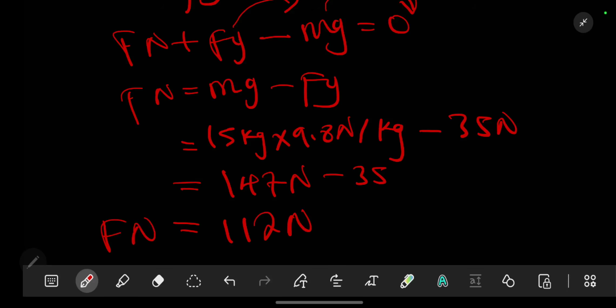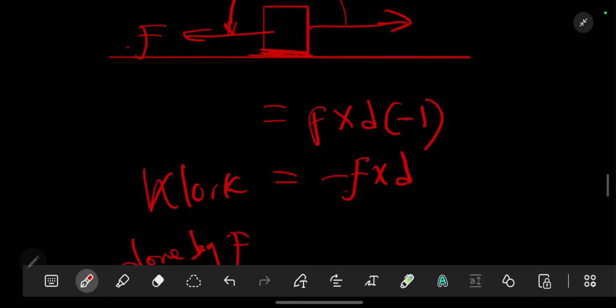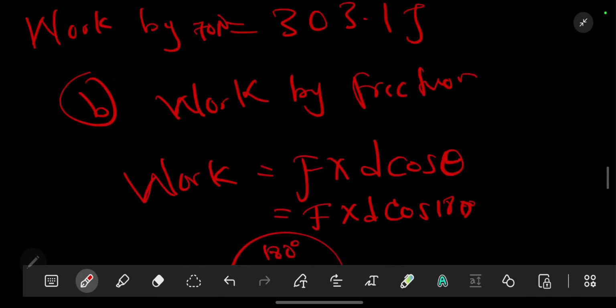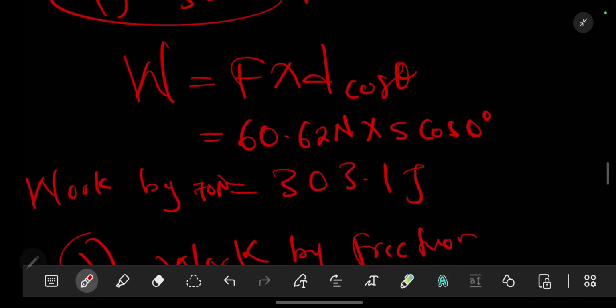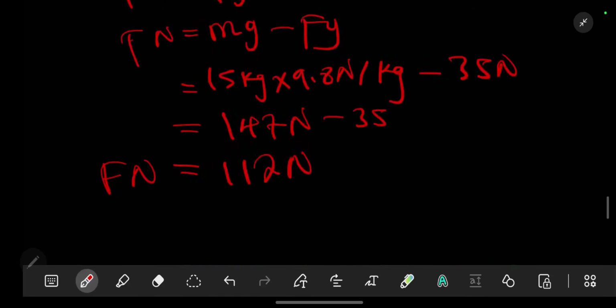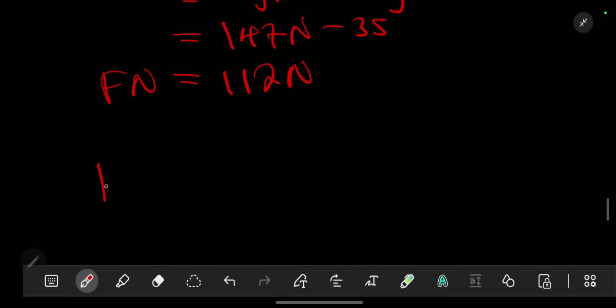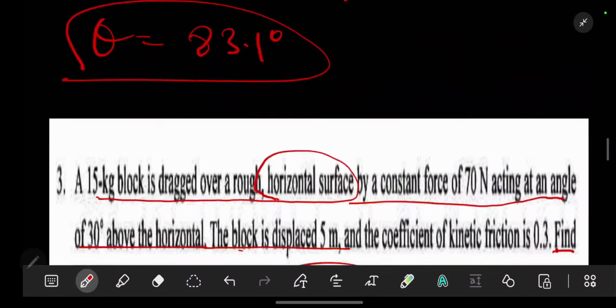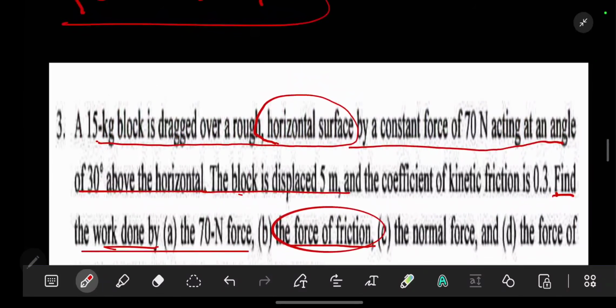Calculating the normal force is quite a bit hectic, but if you have background information on dynamics, this is very easy. So the frictional force is equal to the coefficient of kinetic friction times the normal force. The coefficient of kinetic friction in this case is 0.3.